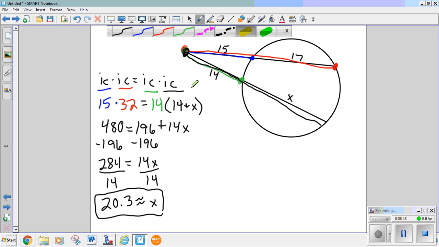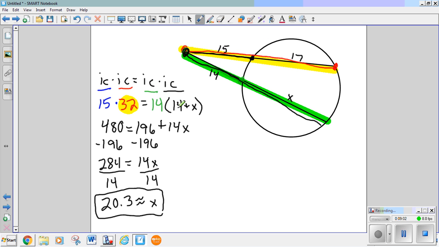Remember, from the intersection to the circle, when you're doing segment addition, add the parts together. 15 plus 17 to get 32. 14 plus x to get 14 plus x.